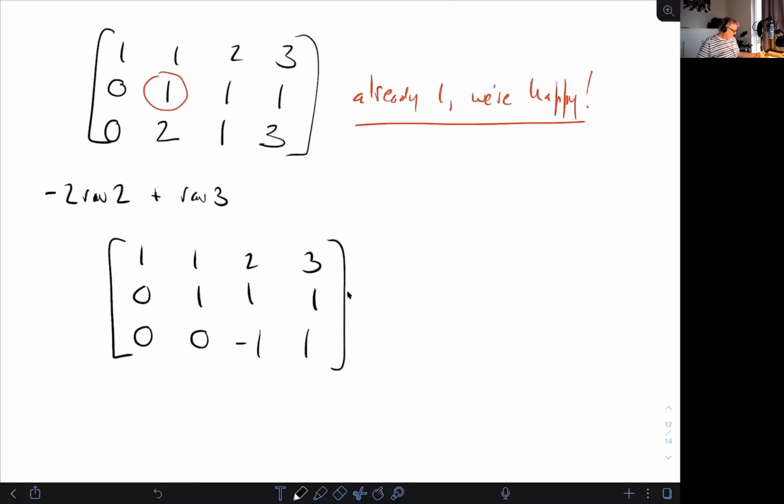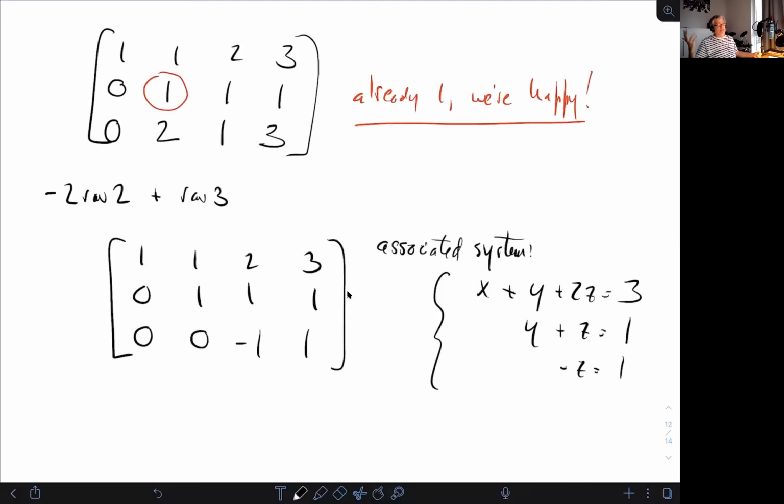So this is the matrix of the following system. x plus y plus 2z equals 3. y plus z equals 1. Minus z equals 1. And again, these are easy to solve. We do back substitution.